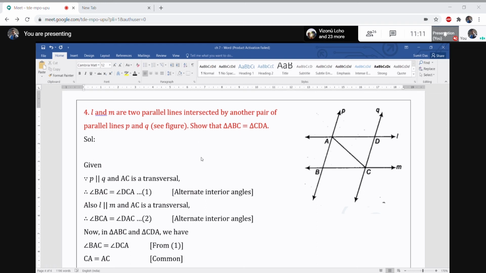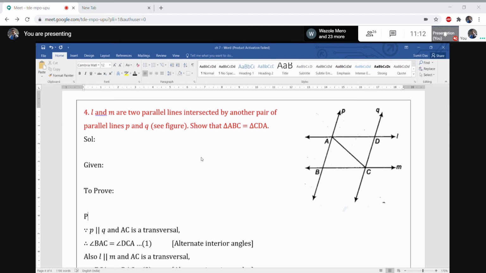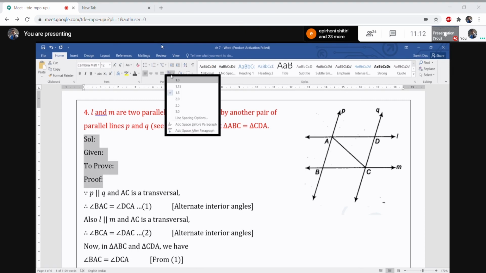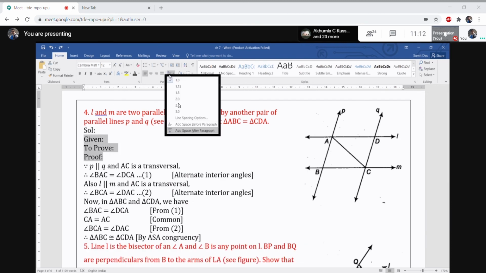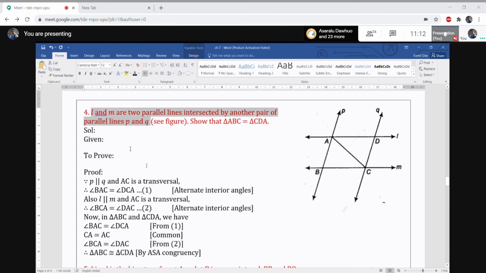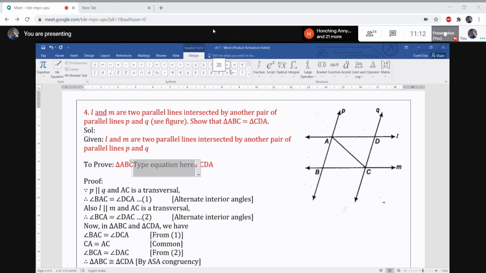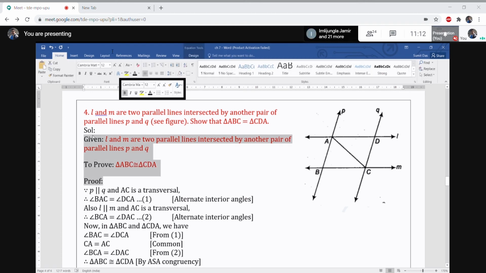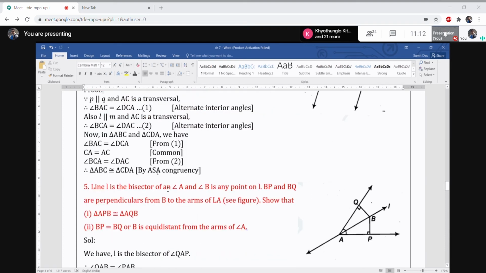Wait a minute, I should write the given and to prove. Whatever is given in the question, I just wrote this.